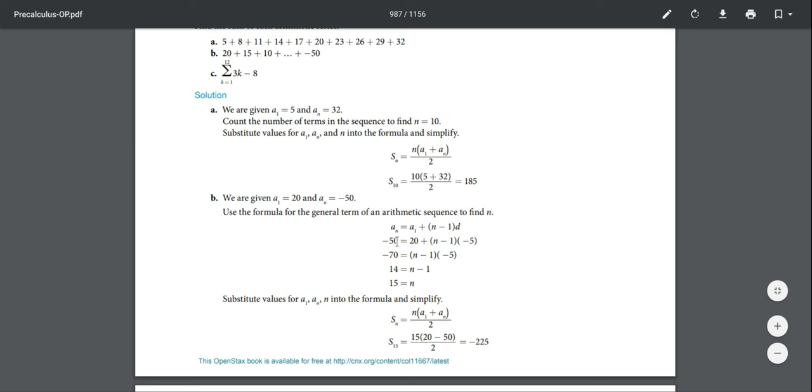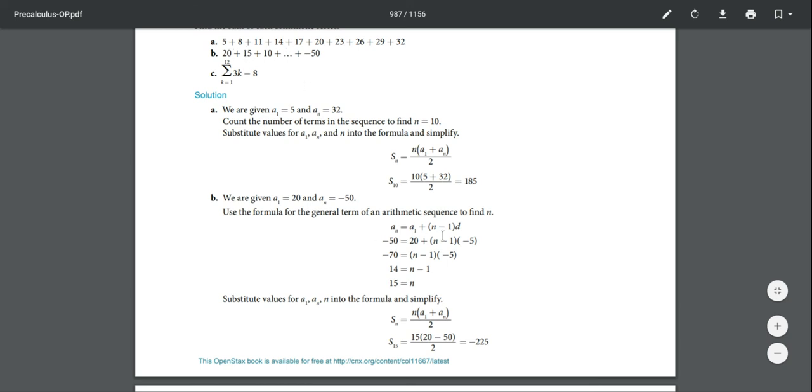Well, I know the general form of the explicit formula for an arithmetic sequence, right? We talked about that a couple sections ago. So this is my formula that I know this has to follow because it's arithmetic. So I can just plug in the last term, plug in the first term, plug in d, my common difference, which I can just look at this and see, oh, I'm subtracting 5 each time.